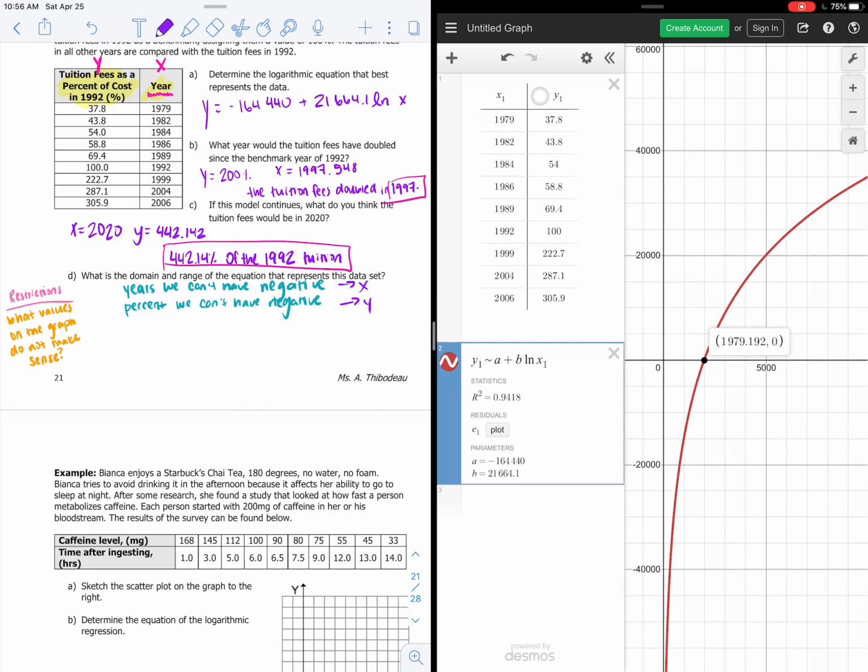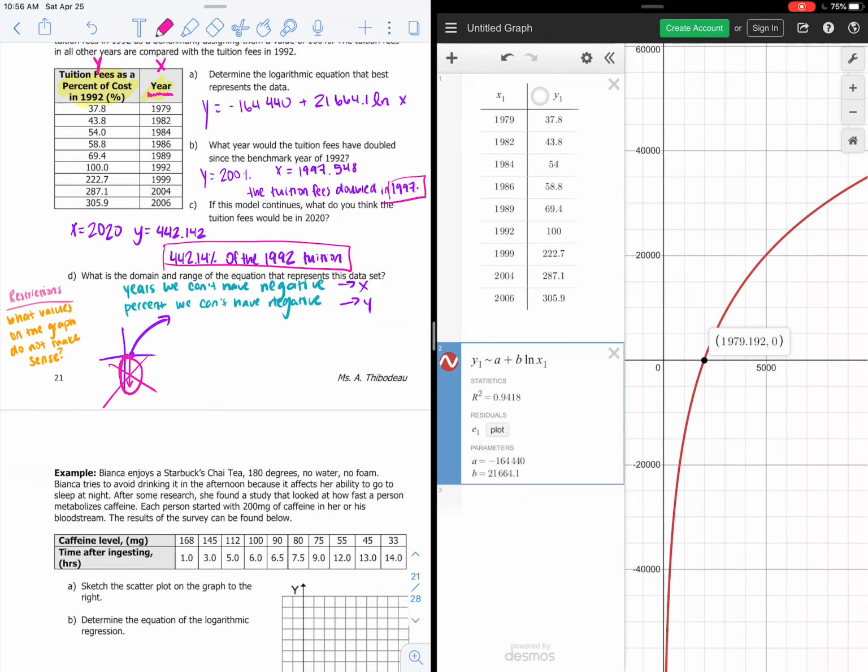So we are going to say our graph, because I can't really write on decimals here, starts at that point and then continues on forever. The points below that, this guy here, will not make sense because we cannot have a negative percent value.